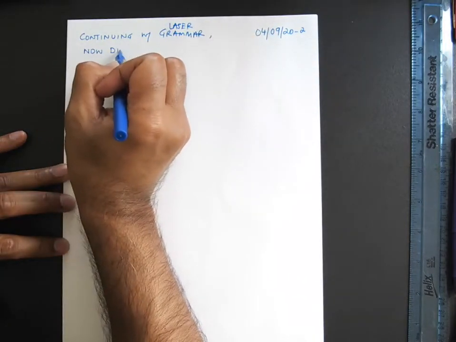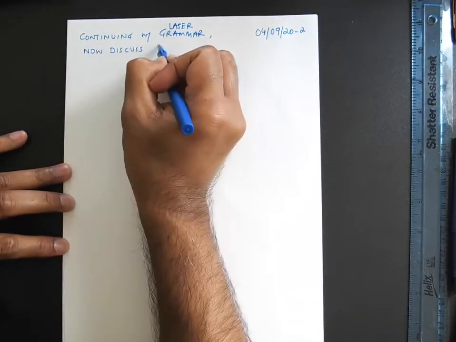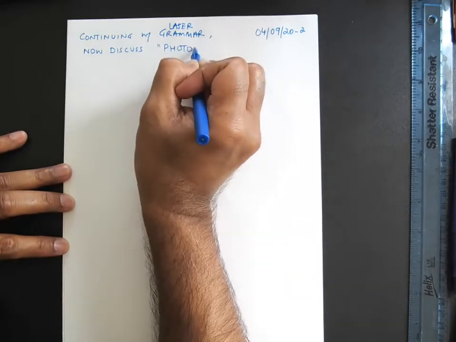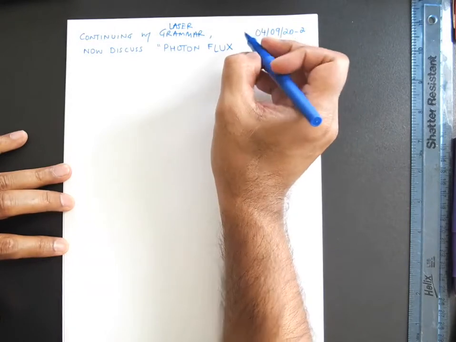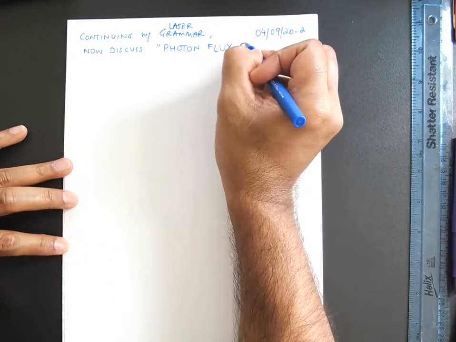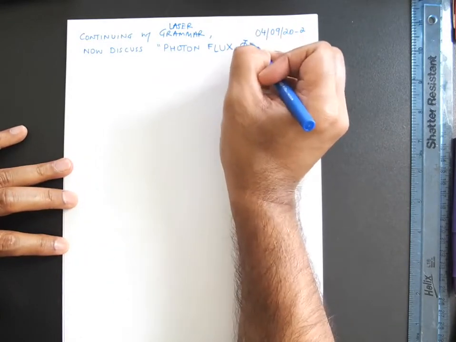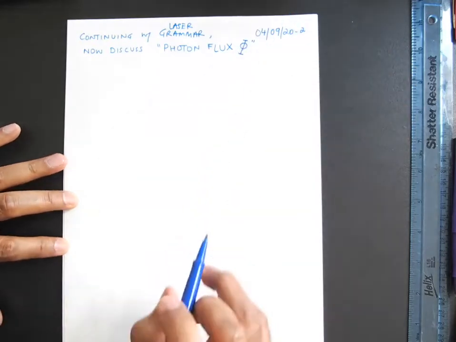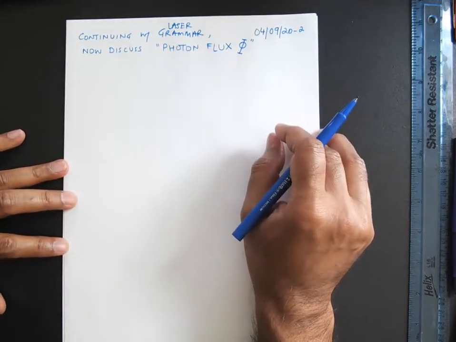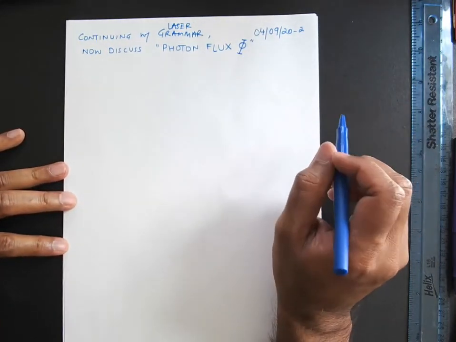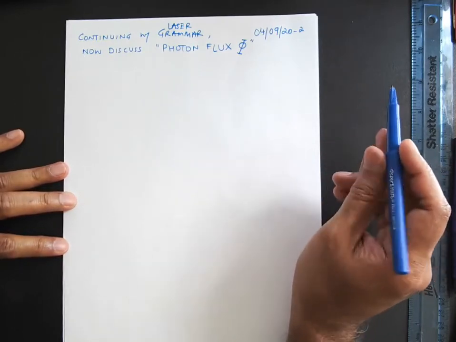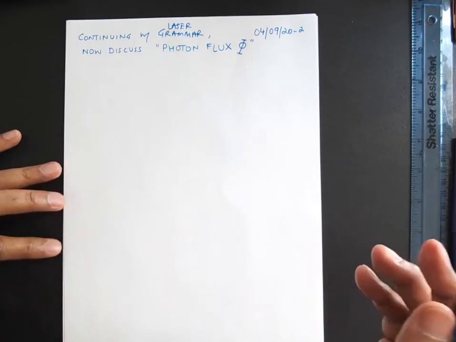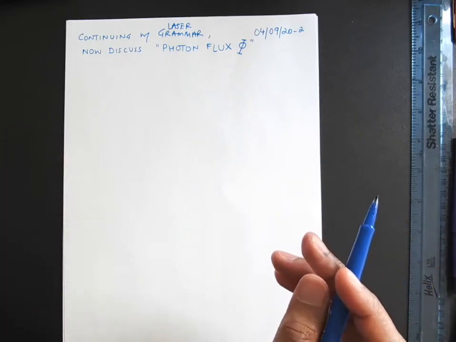Now discuss photon flux. And the symbol used for photon flux is, sometimes people call this phi, sometimes phi. I never decide, so whatever comes out of my mouth spontaneously, so phi, okay? But that might become a phi at any moment, and I wouldn't know.